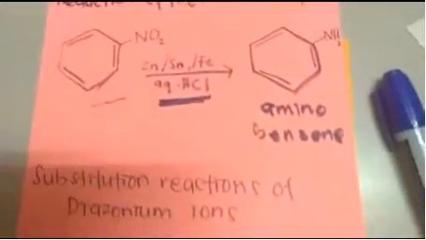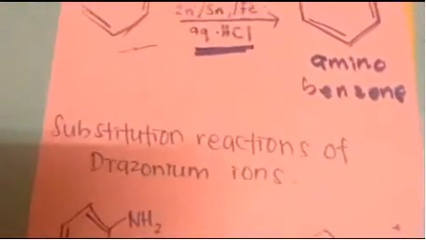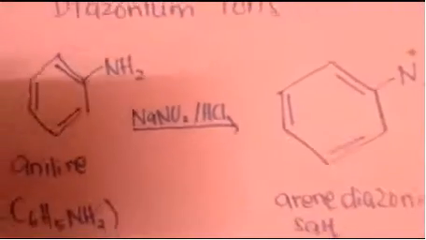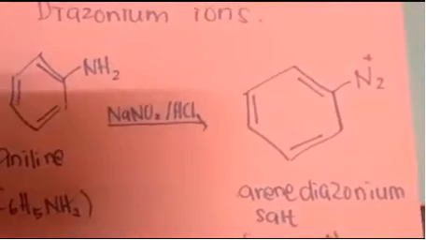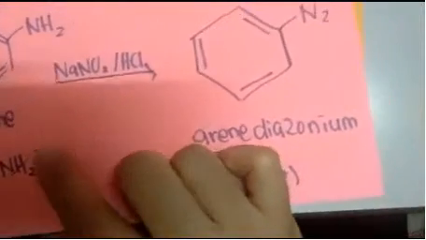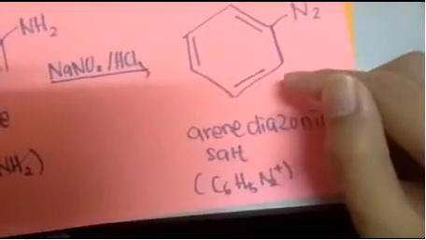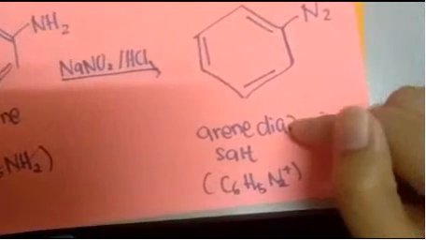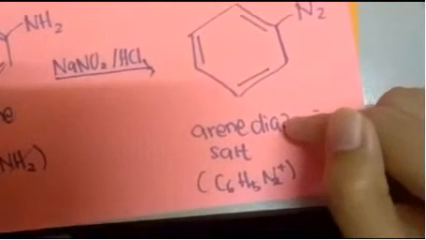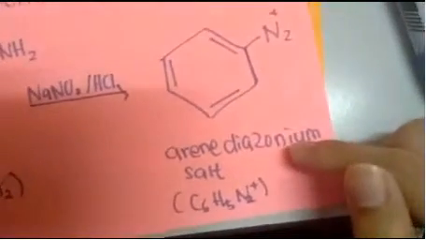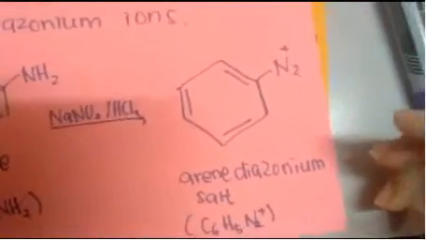And next is the substitution reaction of the diazonium ion. The reaction of aniline will form an arene diazonium salt. This arene diazonium salt can be used to prepare substituted benzenes, such as phenol and aryl halide.